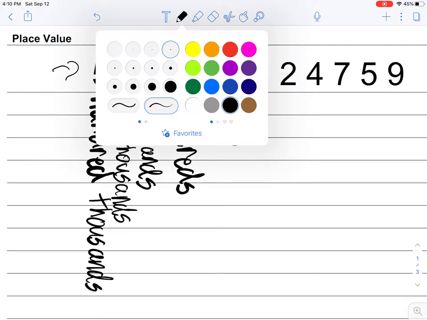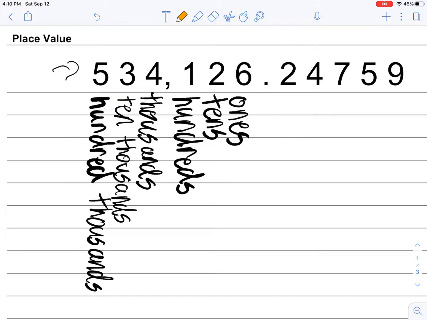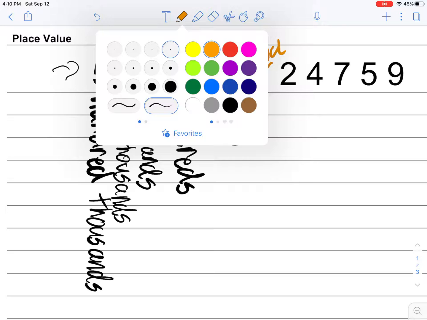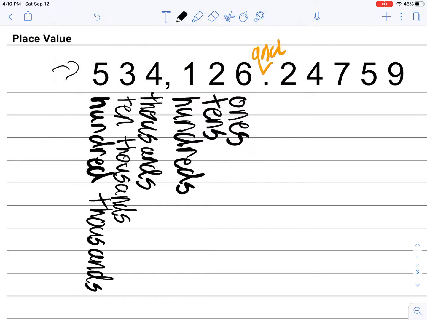Okay? The decimal point, we often represent that with the word and. Okay? So when someone is saying a number, they might use the word and to represent the decimal point. After the decimal, we can go back and we can label the place values of the numbers after the decimal.